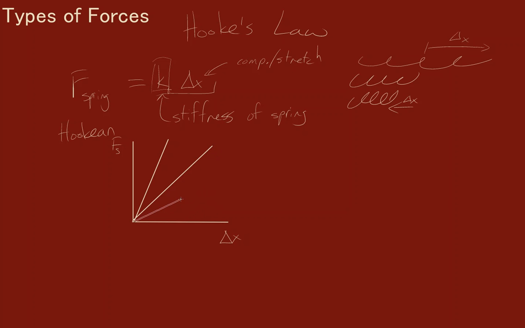The stiffness tells us the steepness of that graph. So little k, big K. But there are other relationships for different kinds of springs, like conical and torsion springs. But we're mainly going to talk about these linear ones here.